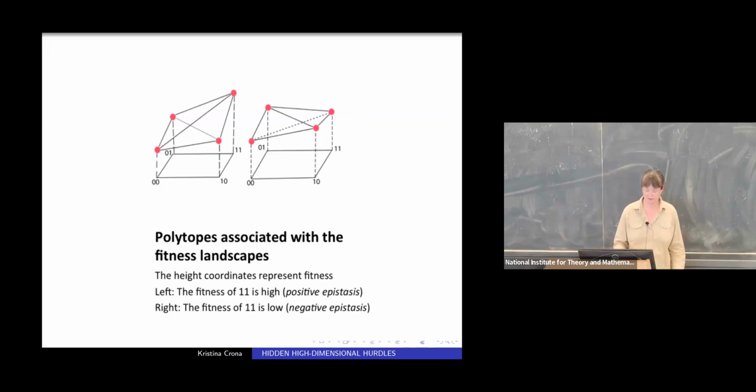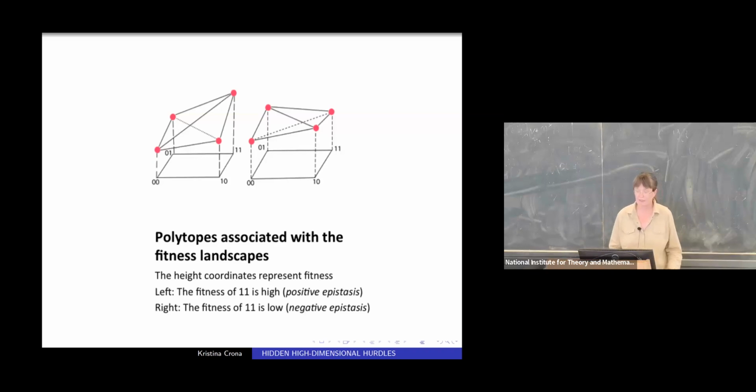And we can analyze this by looking at the triangulations of the square that we talked about before. And how does it work? Well, the height coordinate above the genotypes are measures of fitness. You can see on the left the 1 is relatively high, and on the right 1 is relatively low.